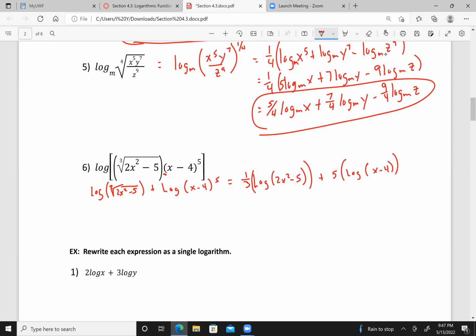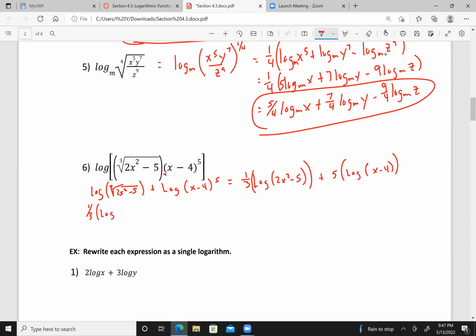Okay, so bring down our 1/3. I have the log of 2... Oh, I can't do anything with that, can I?